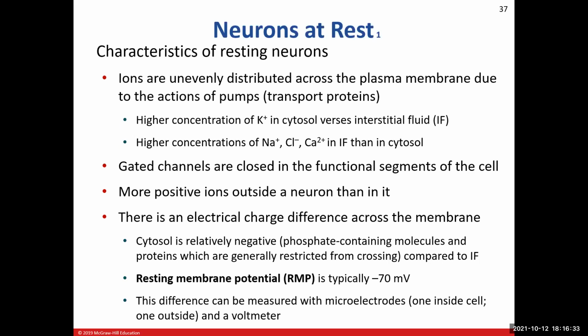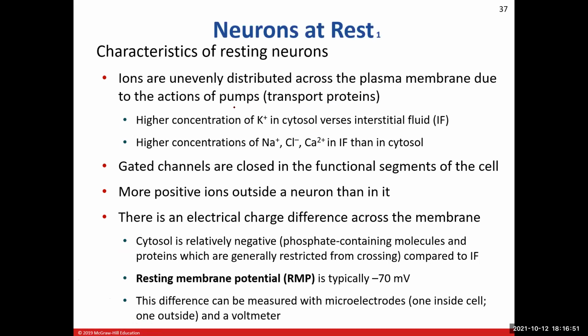With these resting neurons, we're going to see a difference in the distribution of certain substances across the plasma membrane. So what creates that difference?